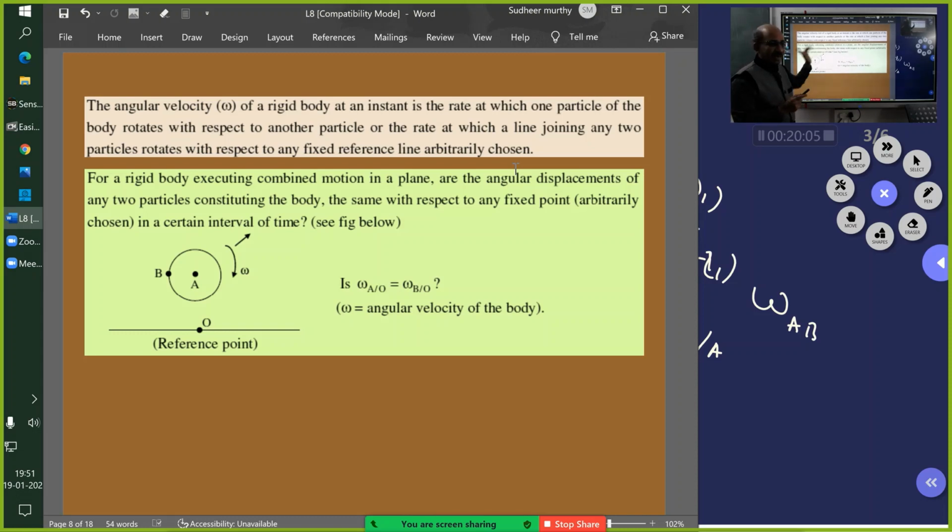See, in the previous example I referenced the two particles with respect to this one. I just asked you the relation between all of them. There also the line joining, that is R21 bar, was rotated, and we found that omega into r21 is v2, the velocity of 2 with respect to 1. Correct? Now let's understand this problem.